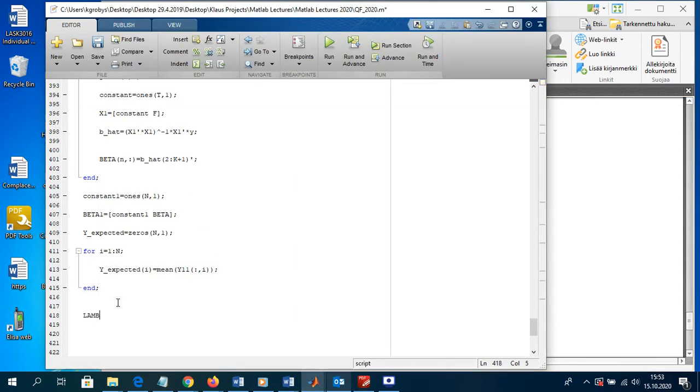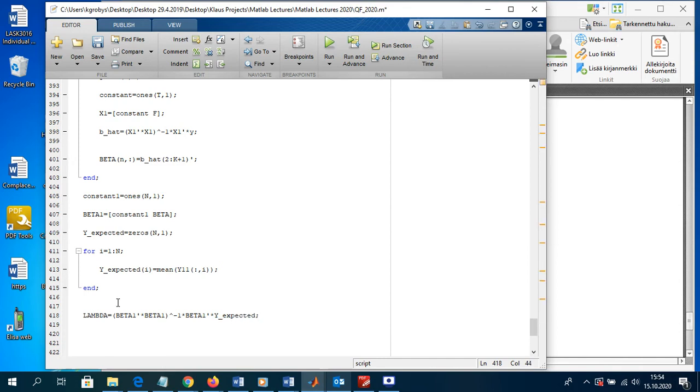Lambda is equal to beta 1 transposed times beta 1, inverted, times beta 1 transposed, times y underscore expected.